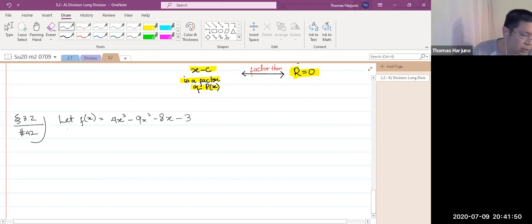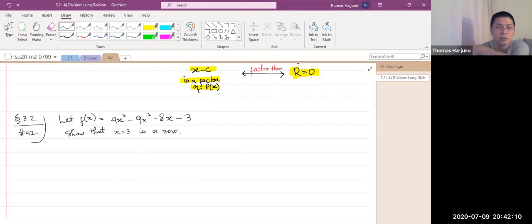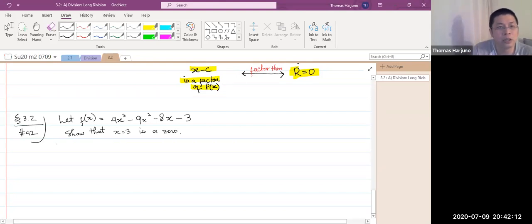And the question is, show that x equals 3 is a 0. I think that's something you can do. So the solution is, this question is easy, I believe. So how do we do this? I use synthetic division.